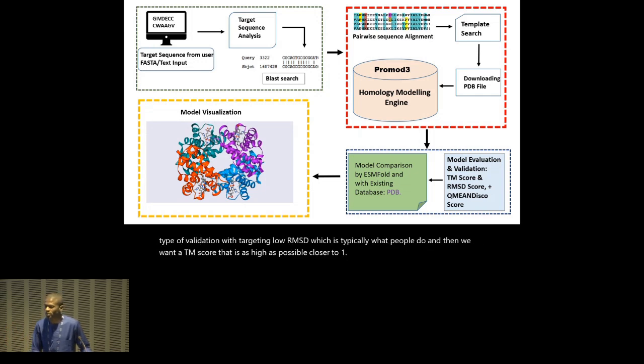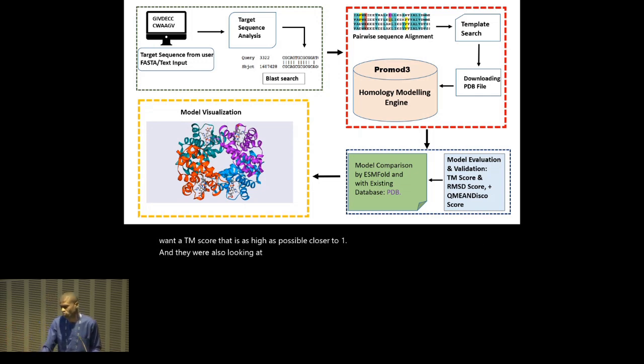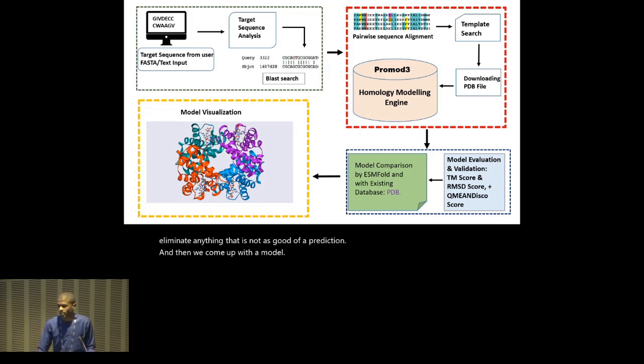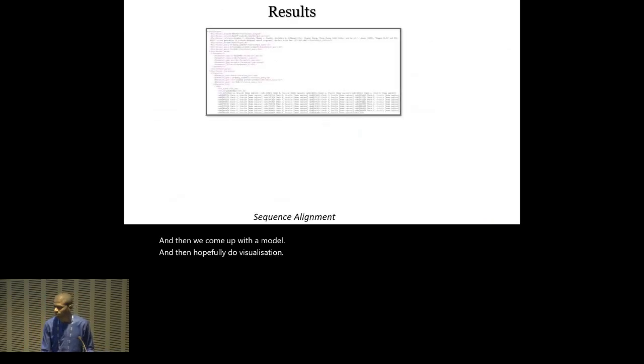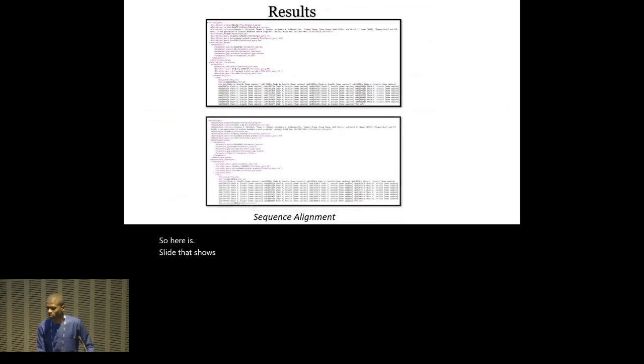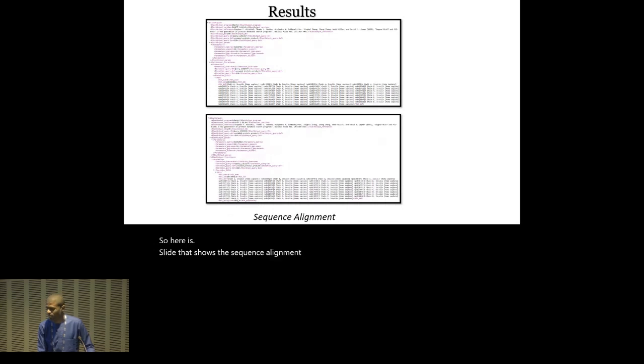And then we're also looking at human score as well. So we use all those to just eliminate anything that is not as good of a prediction. And then we come up with a model, and then hopefully do visualization. So here is a slide that shows the sequence alignment results from Prostruc.